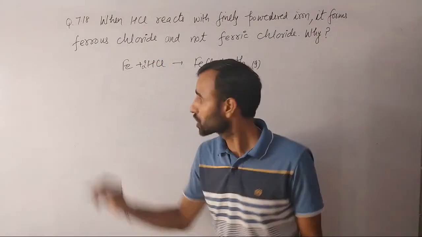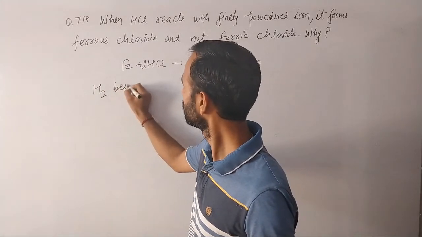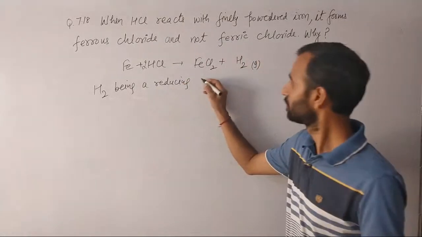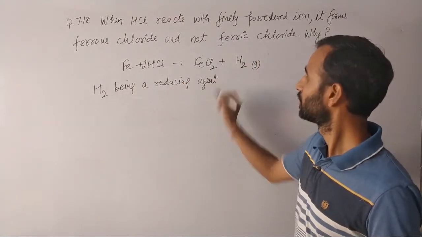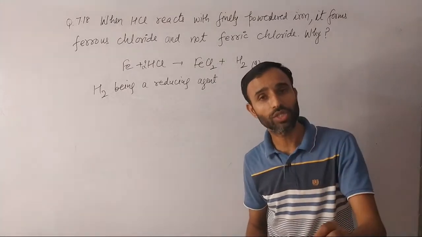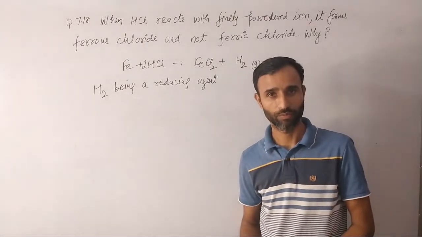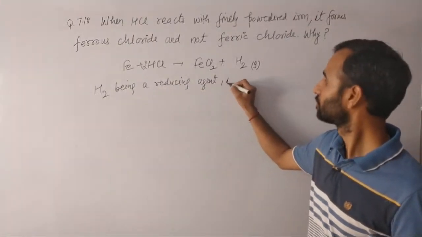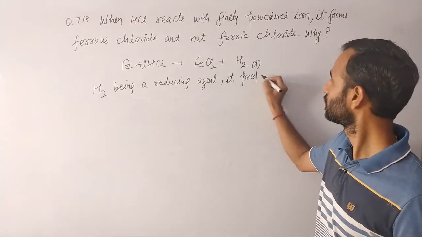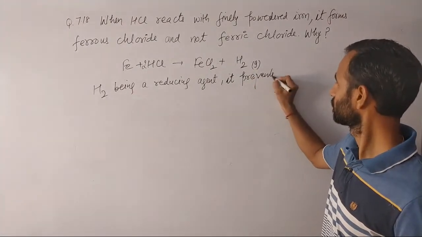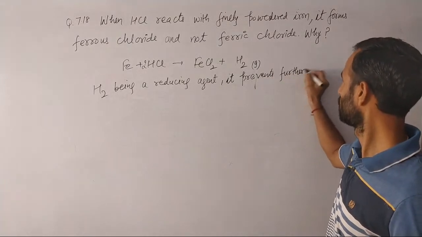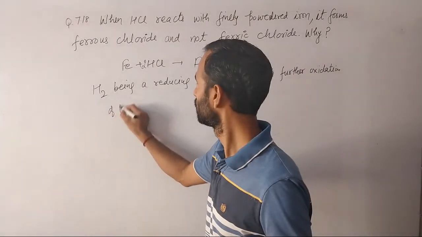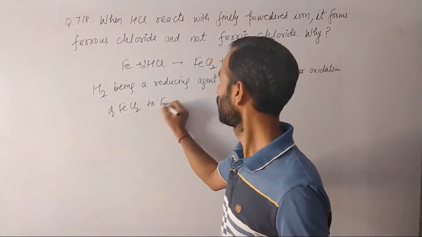So actually H2 being a reducing agent prevents further oxidation of FeCl2 to FeCl3.